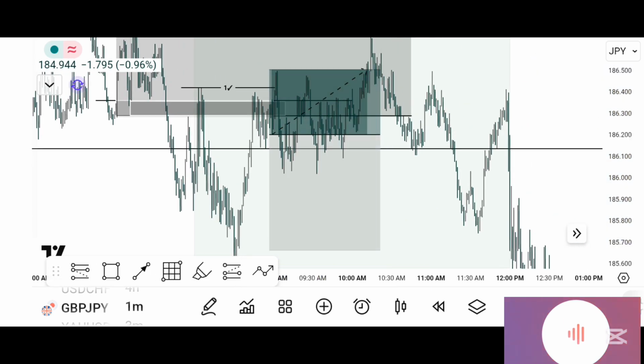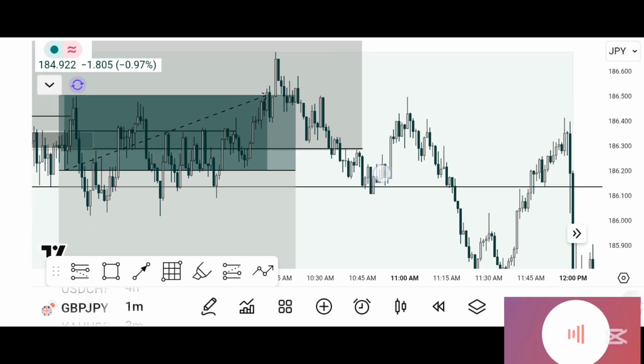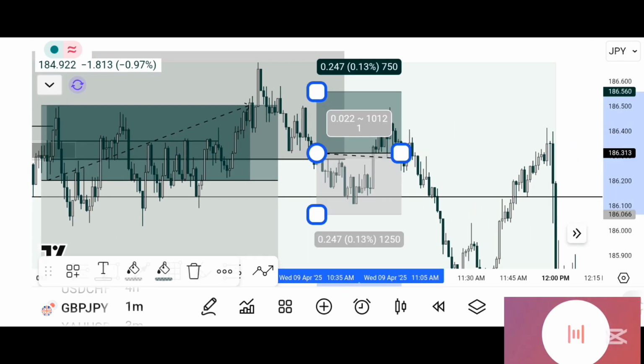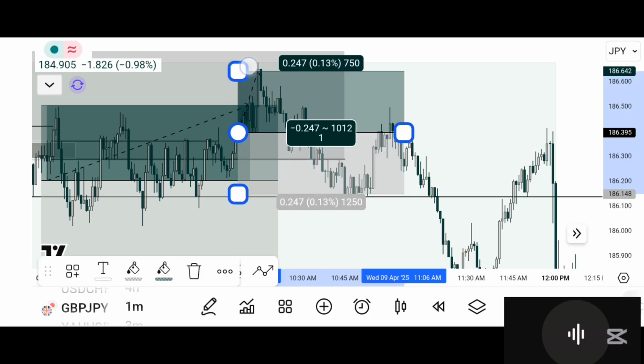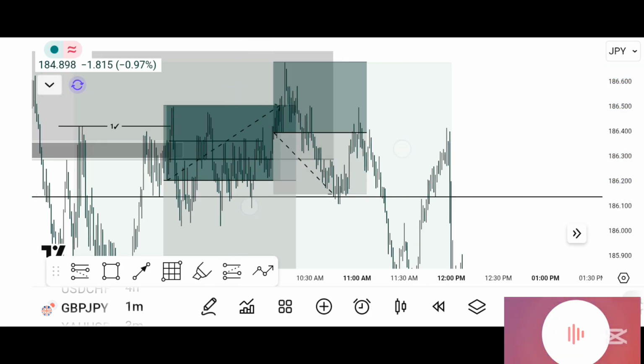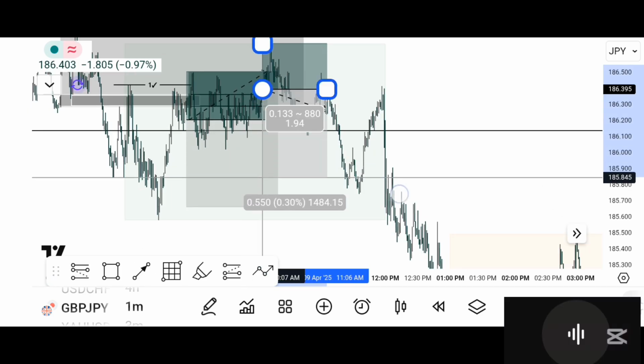And after it smashed my stop loss, what then happened? I got another entry, around here, and price ran for TP of 1 to 2.